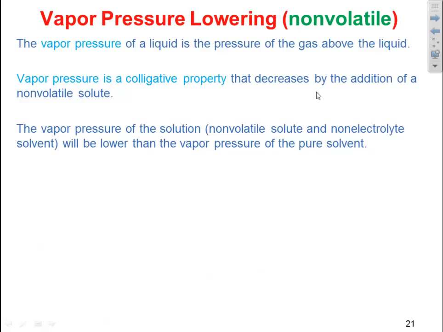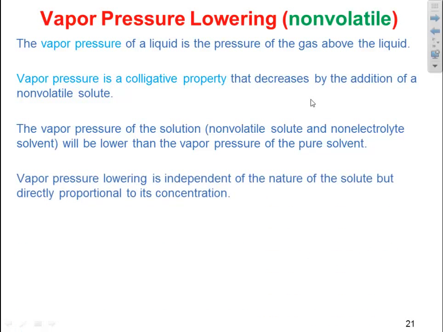The vapor pressure of the solution, your non-volatile solute in a non-electrolyte solvent, will be lower than the vapor pressure of the pure solvent. Vapor pressure lowering is independent of the nature of the solid, but directly proportional to its concentration. So it doesn't matter what the species is, but it does matter on the concentration of that species and how many of those solute particles are present.